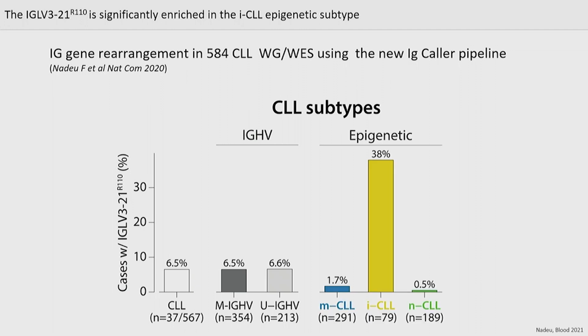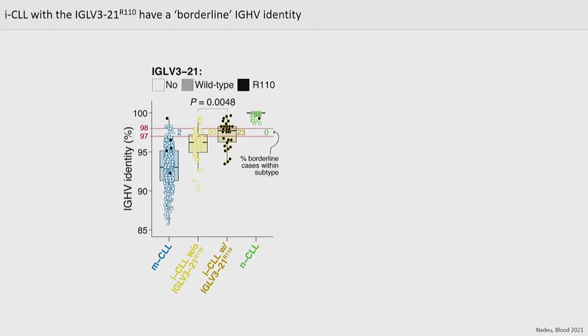But interestingly, and I went back to one of my first slides where I said that there were 3 epigenetic subtypes, virtually all these mutations were exclusively found in the methylation intermediate subgroup of cases, as you can see here. So we could start to have a clue about what these intermediate group cases are. And these cases in yellow had a level of mutations in the B-cell receptor that was also intermediate between the other groups.